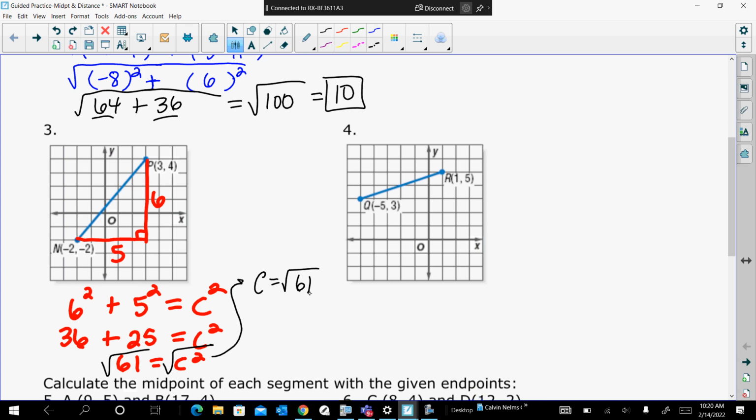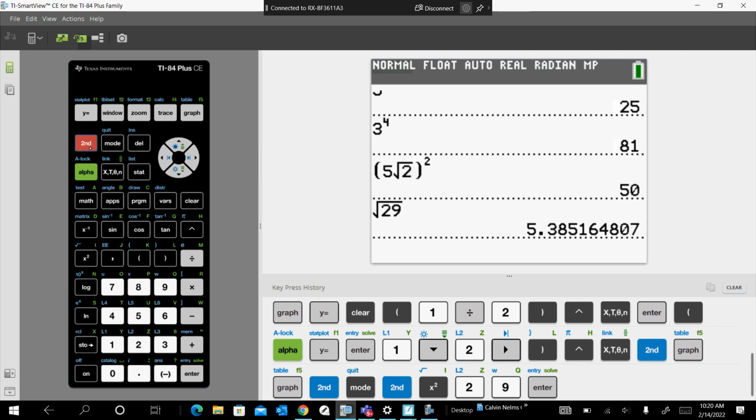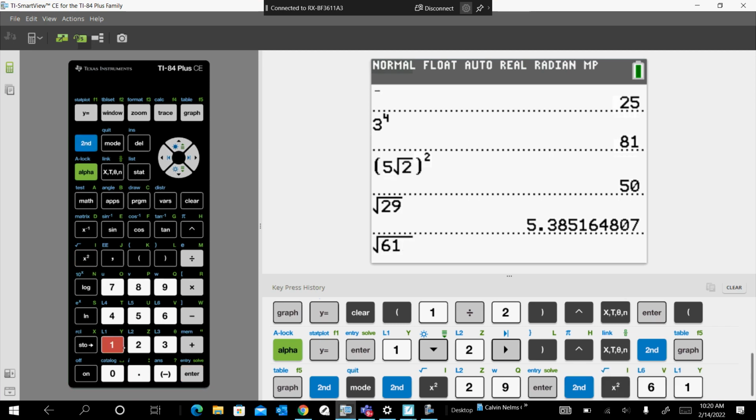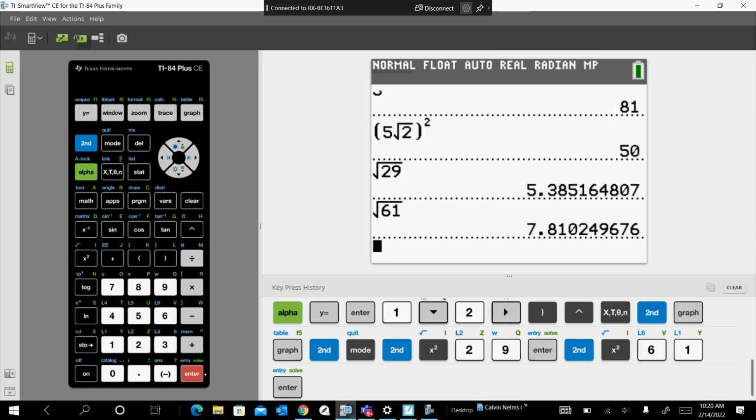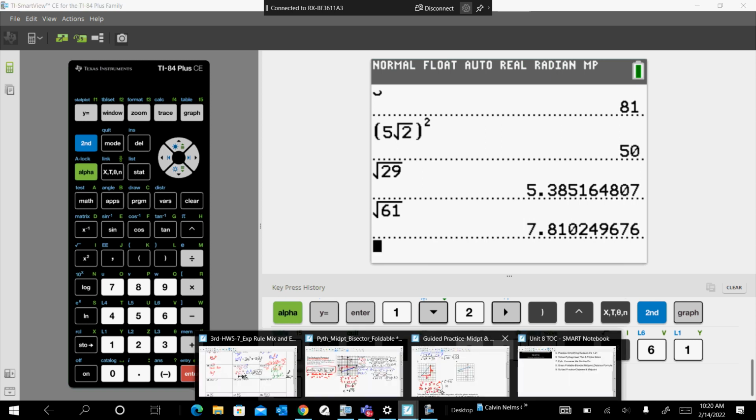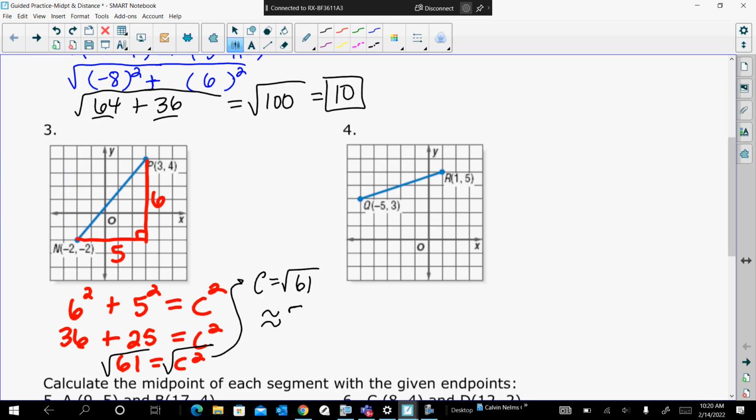Not a perfect square, and no perfect square goes in there. 61 is prime. So I could say approximately, using the calculator and going second x squared 61, I get 7.8. Either one is acceptable. If you keep the exact answer, just make sure you simplify it.